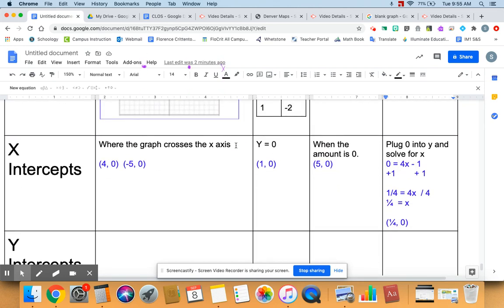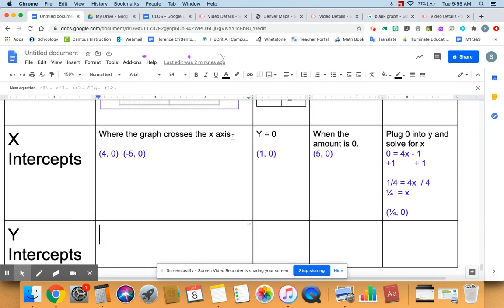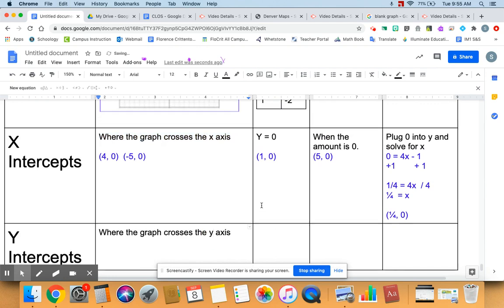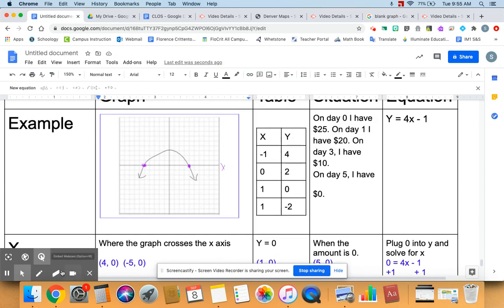All right, jumping back down to y-intercepts for all these. If x-intercepts are where the graph crosses x, what are y-intercepts? Where the graph crosses the y-axis. So if I go up to my little graph, y is up and down. Where does it cross this dark up and down axis? Right here. What is this point?